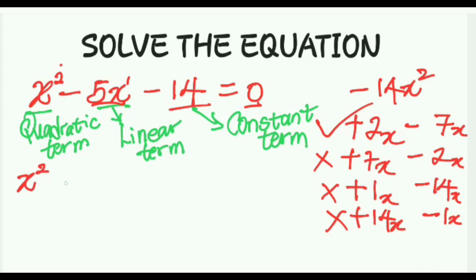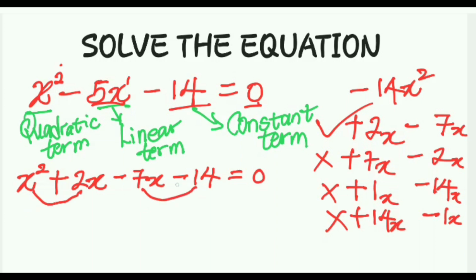So in this case, we would replace the value of the linear term with the two factors we have. So this becomes x squared plus 2x minus 7x, and then write the value of the constant term, minus 14, equals 0. At this point, we factorize by grouping. That is, we pair the first two terms, and then the last two terms, and we factorize them. So, what is common between x squared and plus 2x? x is common.